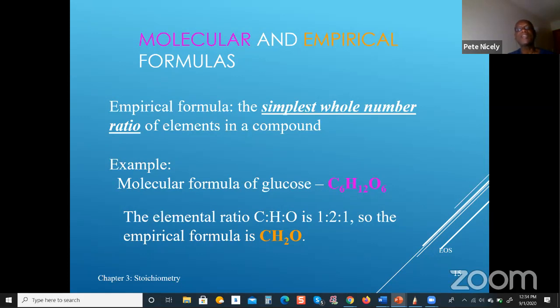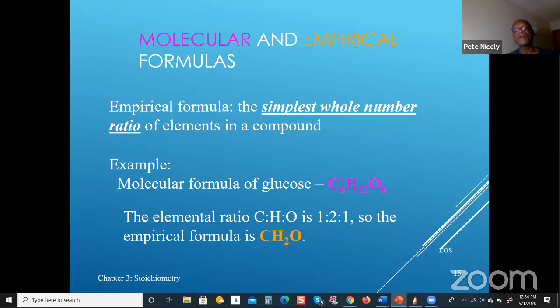And I remember telling you that there is a whole number relationship between the molecular formula and the empirical formula. To get from the empirical formula to the molecular formula, you multiply each of the subscripts by a certain integer. And when you do that, you'll end up with the molecular formula.